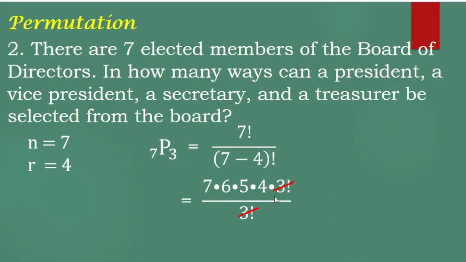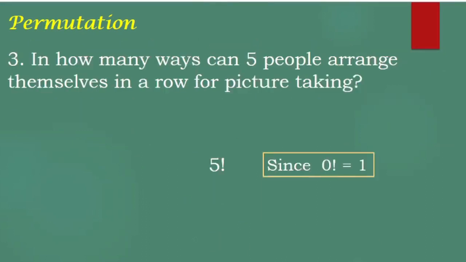Then we multiply them in order to arrive at the final solution. So 7 times 6 times 5 times 4 equals 840. Okay, 840 possible ways that the president, vice president, secretary, and treasurer can be selected from the board of directors.